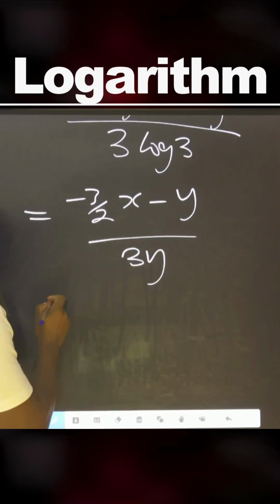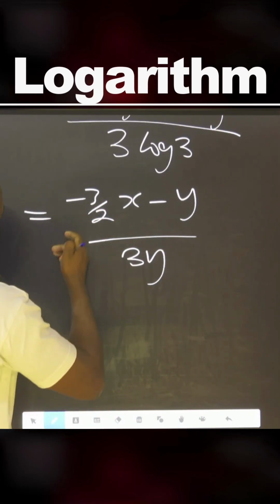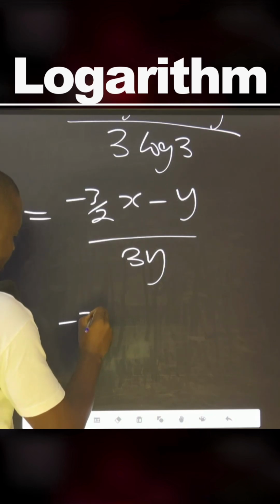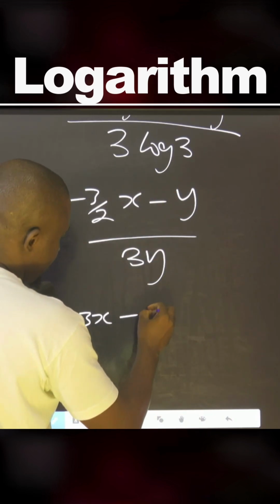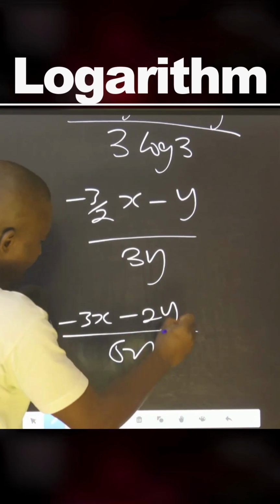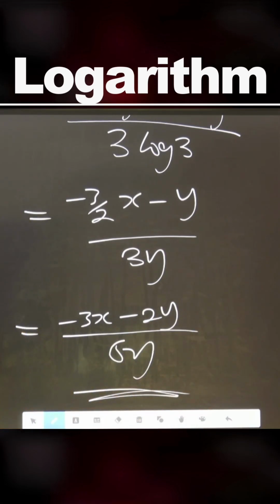Okay? Let's multiply the numerator by 2, then the denominator by 2. You agree with me? This multiplied by 2 will give us minus 3x, this will be 2y, all over 6y. This is the answer, okay?